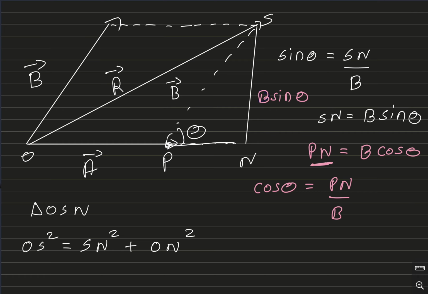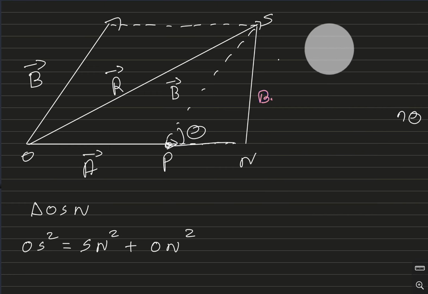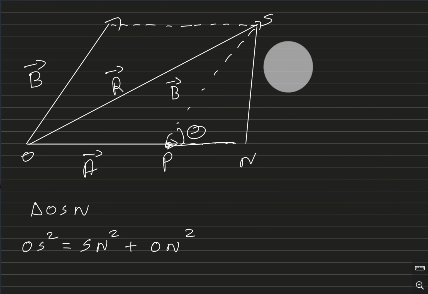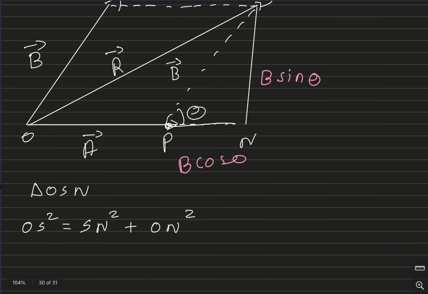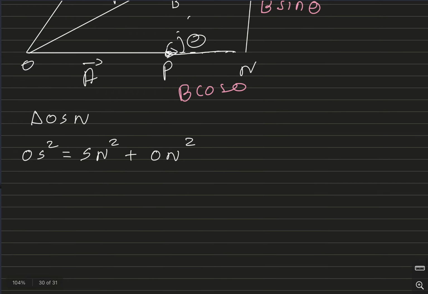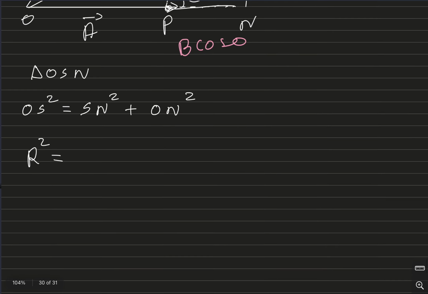So PN is equal to B cos theta, and SN is equal to B sine theta. OS is your resultant, which means R square is equal to SN square. What is the value of SN? SN will be B sine theta.